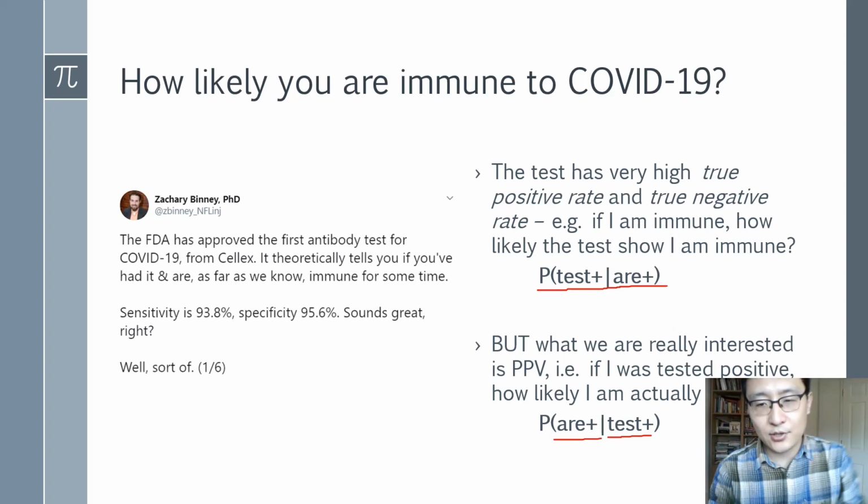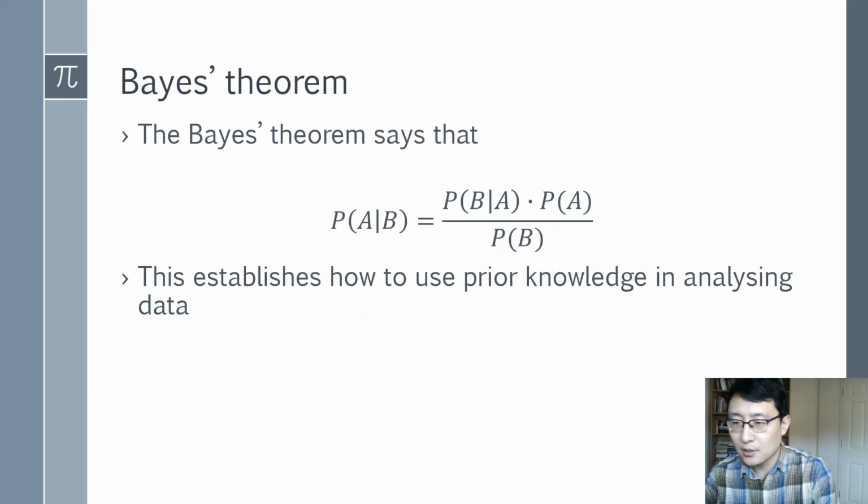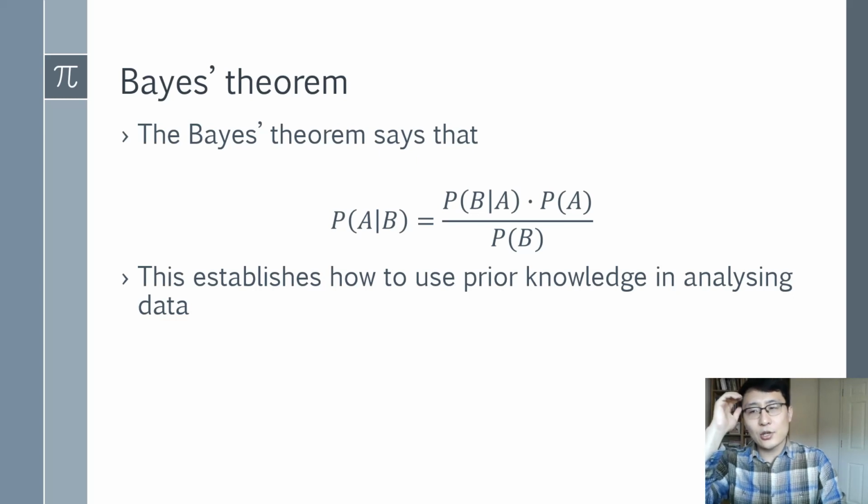Okay, so to answer that question, we need something called Bayes' theorem. Bayes' theorem says that the probability of A given B equals this formula, which involves the probability of B given A. A and B are two scenarios.